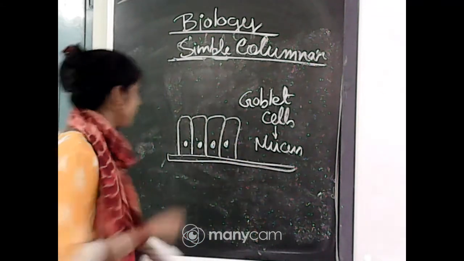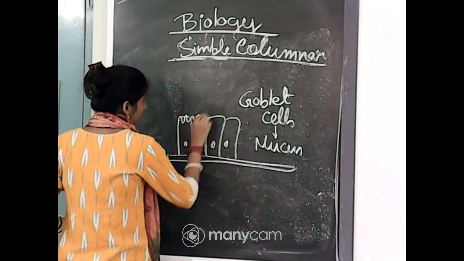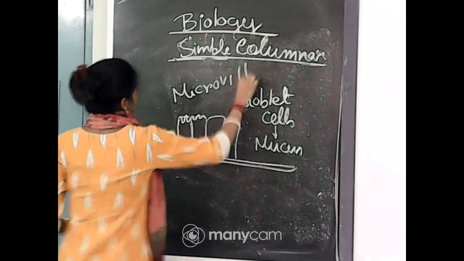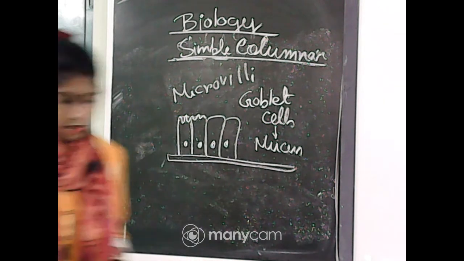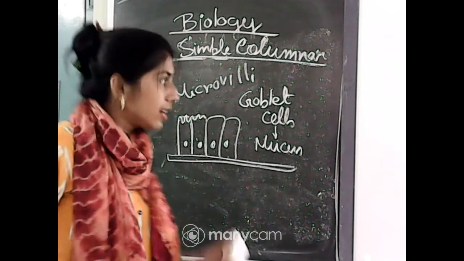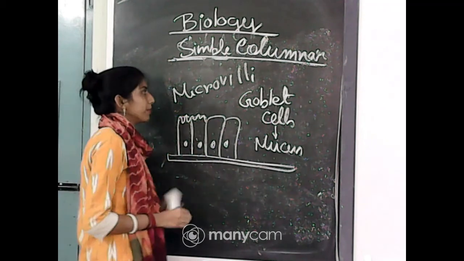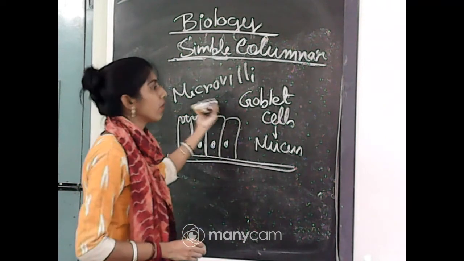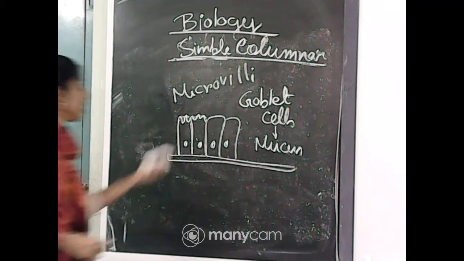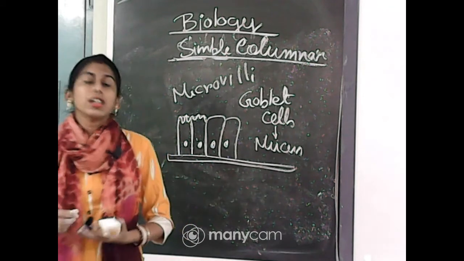And in some columnar epithelial tissue, the free surface has microvilli. This type of columnar epithelial tissue is called brush bordered columnar epithelial tissue, and it also helps in absorption, because the places where we have microvilli help us in absorption.